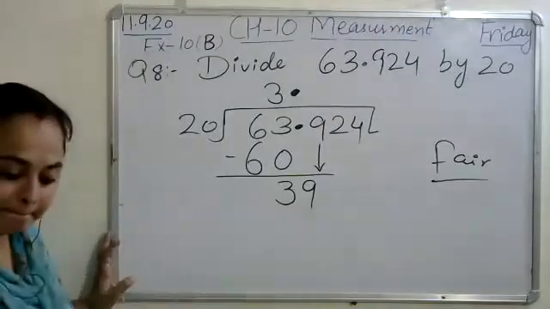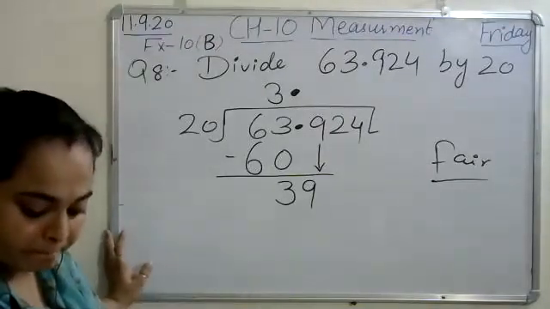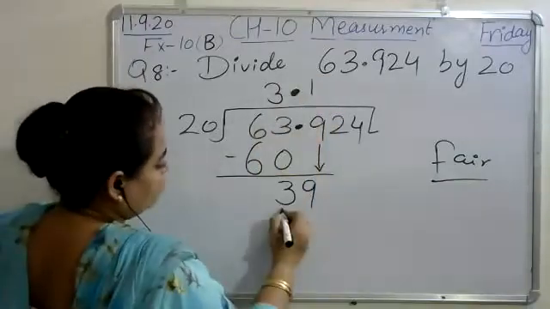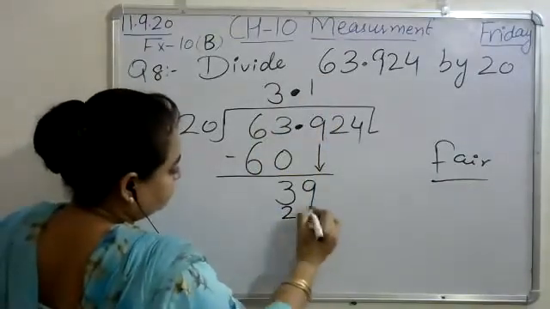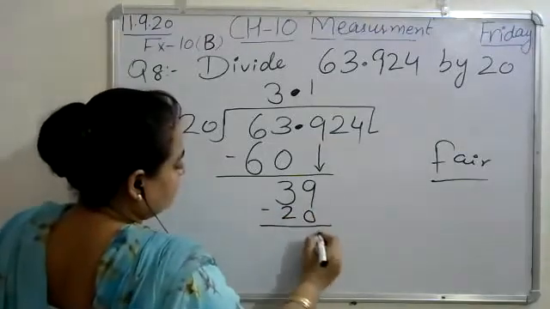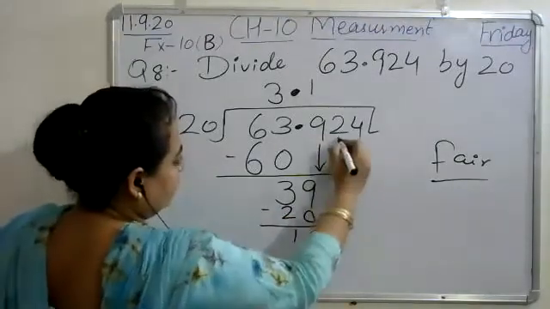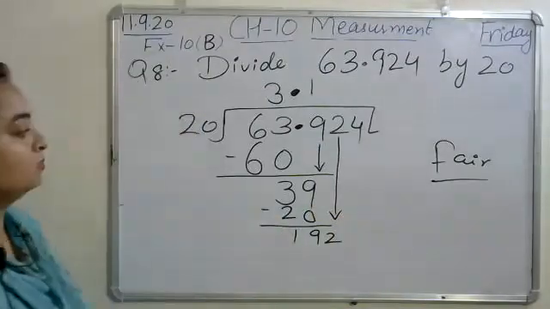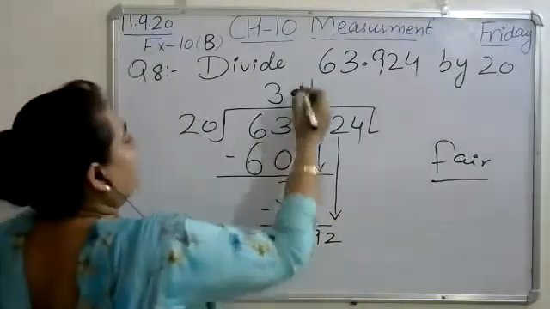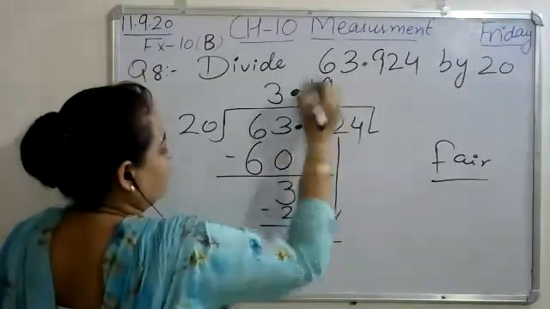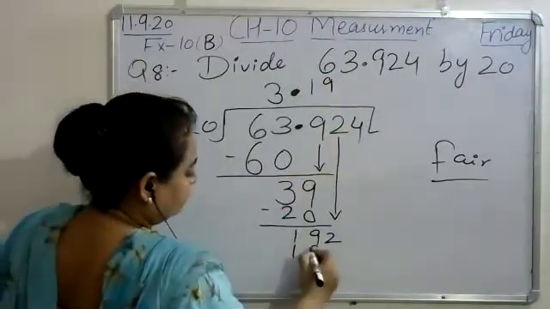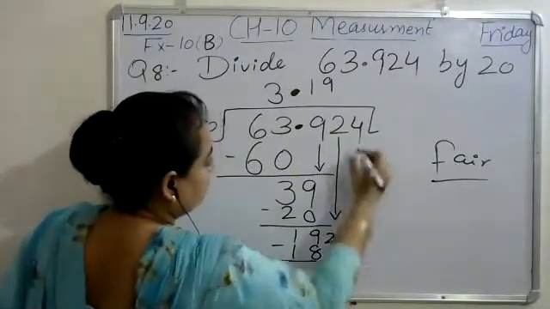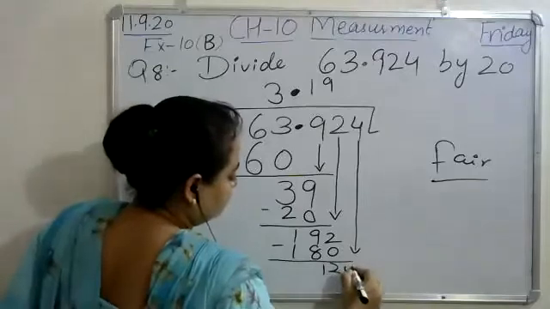Now 2 ones are 20. 9 1, 2. 2 8 nines are 180. 4.